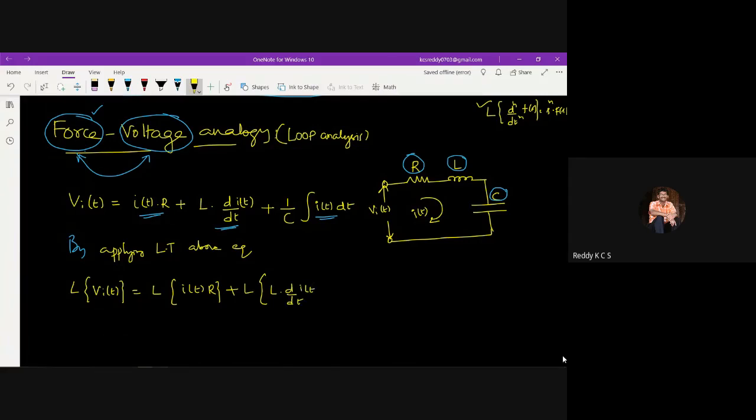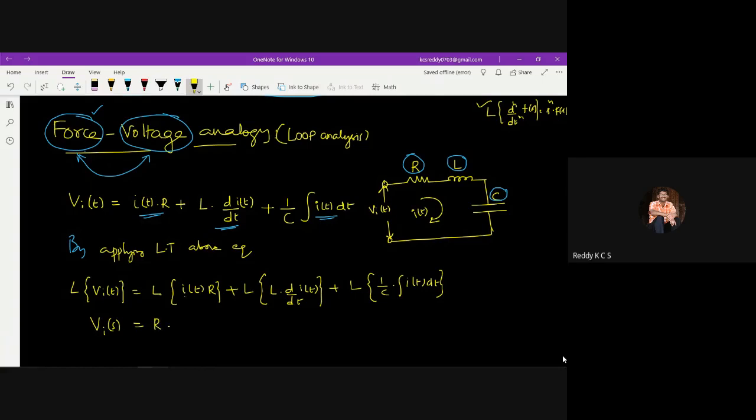Don't confuse the two L's here. Then the Laplace transformation of 1 by C into integral of I of t dt. Now, we discussed that the Laplace transform of f of t is equal to F of s. So I can write with the capital letter Vi of s is equal to, then here R is a constant, so I'll take R outside.